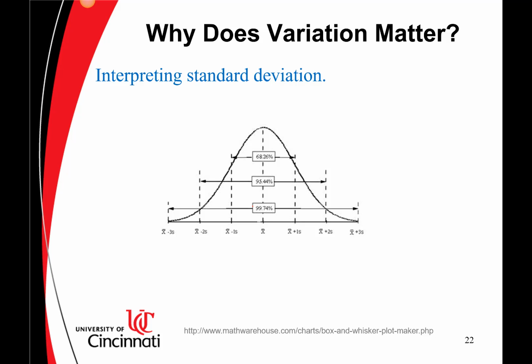The normal curve will always have the numbers 68, 95, 99.7. Where those come from involve calculus. We're not going to worry about it. You just need to know 68, 95, 99.7. Okay? That's all you need.